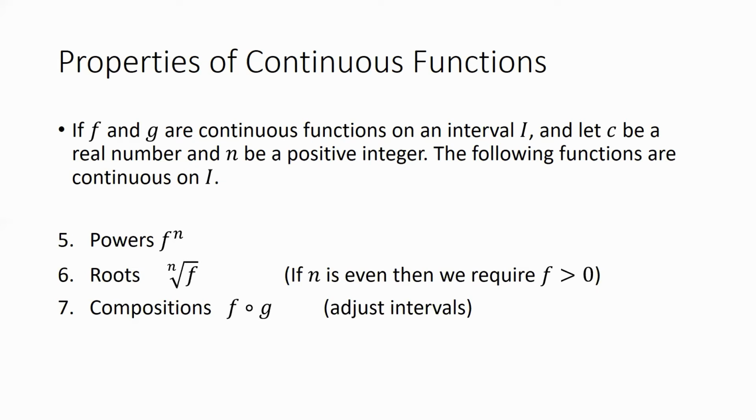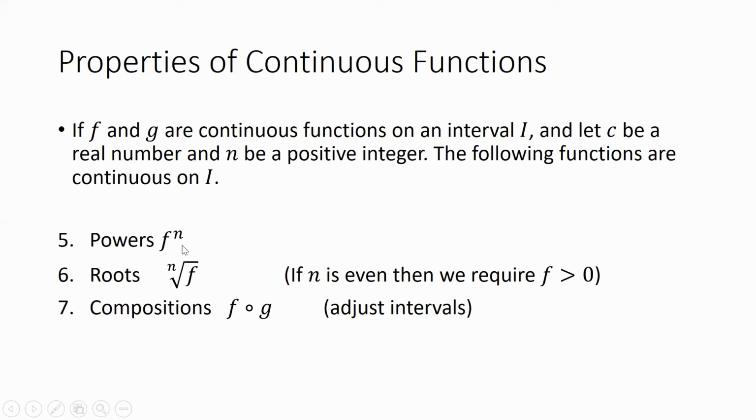When you take an nth root, we require our function value to be positive if n is even, because if we have an even root, like the square root, and we take the square root of a negative number, then we're in the imaginary realm. So we require our function to be positive. So as long as the function is positive, it's going to be continuous for the nth root when n is even. And when n is odd, you don't have to worry about that.